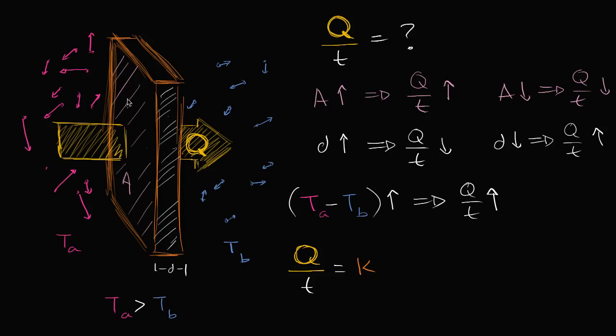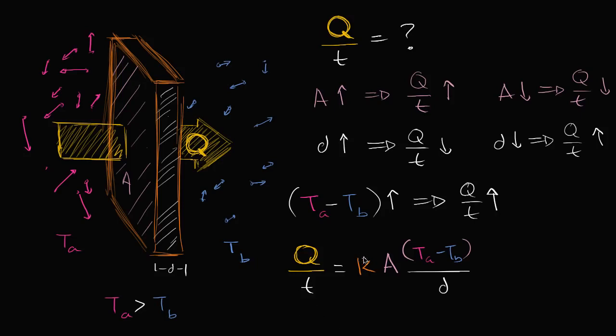The more surface area we have on this wall, more contact area, the more heat we're going to have transferred per unit time. It's also going to be proportional to the temperature differential, so let's multiply this times T sub A minus T sub B, and it's inversely proportional to the thickness of the wall. So all of that over the thickness of the wall.